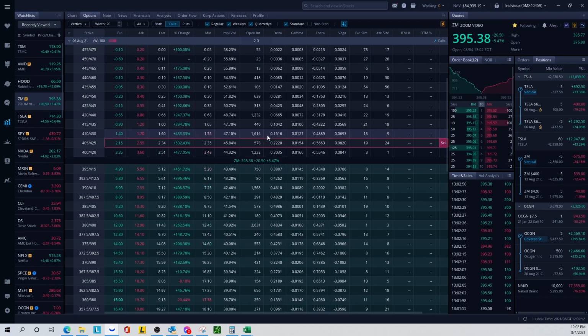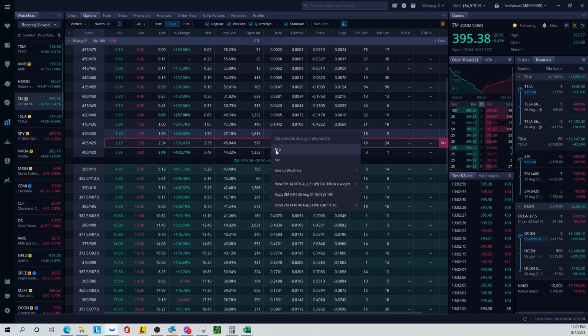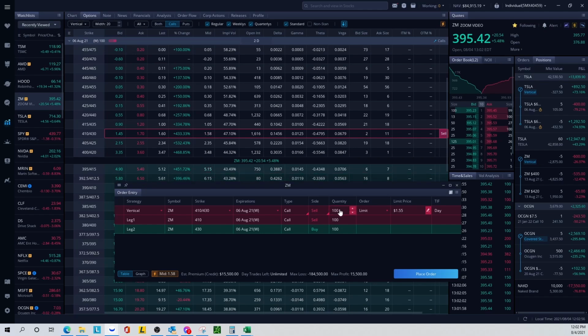Like I mentioned, I already plan to move my strike up to 410 so I can have that ready to go, collecting less premium. That's what happens the further you move away from the current price: the lower the premium you collect, the lower the max profit potential. But that's okay.